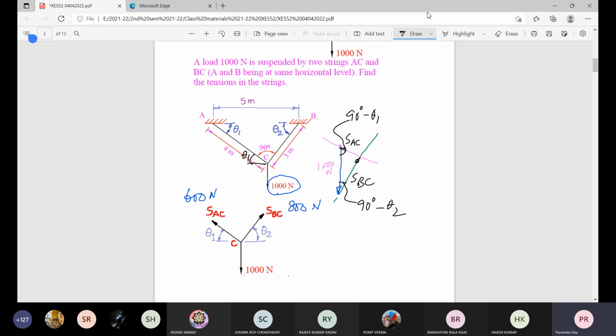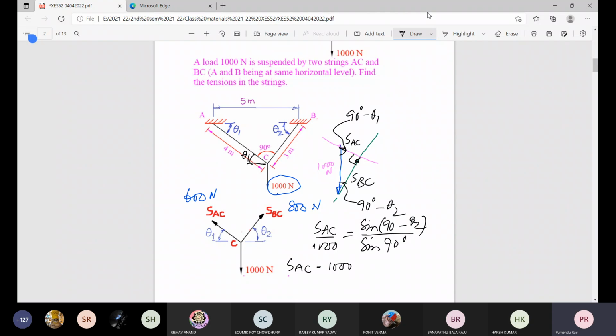Now SAC divided by 1000 is sine of 90 minus theta 2 divided by sine of the opposite angle. This is 90 degrees. Okay? So what about SAC? 1000 multiplied by cos theta 2.